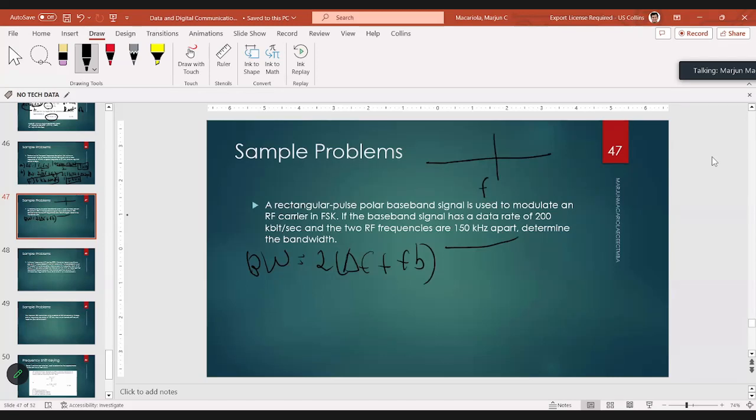So basically, this is 150 kilohertz. Dahil yan ay 150 kilohertz, ang iyong 2 delta F daw ay equal kay 150 kilohertz. So pwede natin siyang i-distribute. So this bandwidth is equal to 2 delta F plus 2 FB.